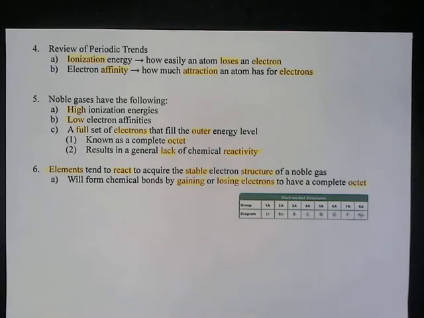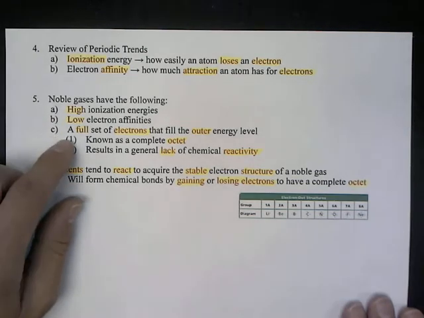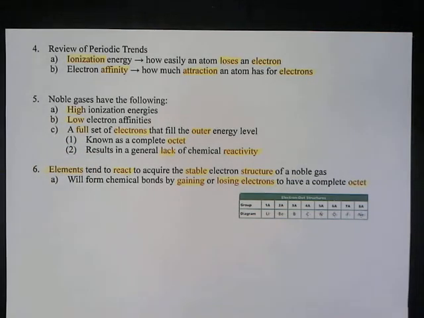A noble gas is satisfied with 8 electrons because it fills the outer s and p orbitals. Because of these two properties, noble gases do not want to gain or lose electrons because they have a complete octet, or a full set of 8 electrons. Because of this, noble gases are non-reactive.